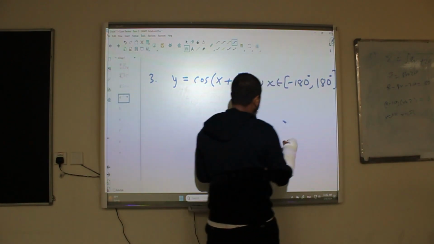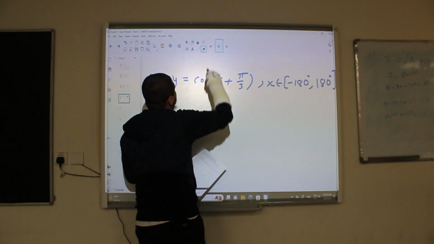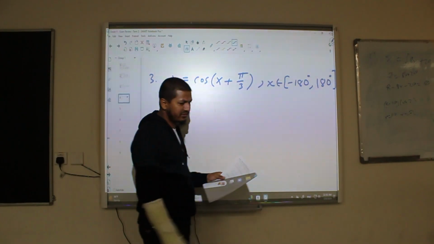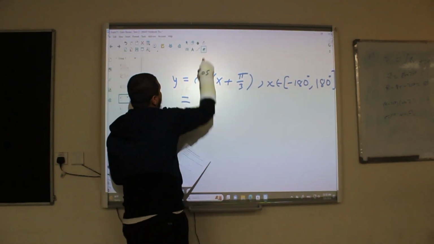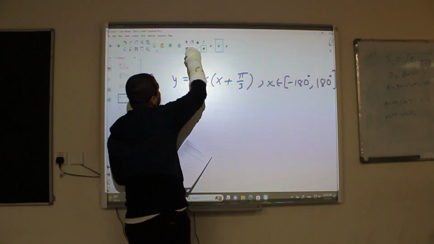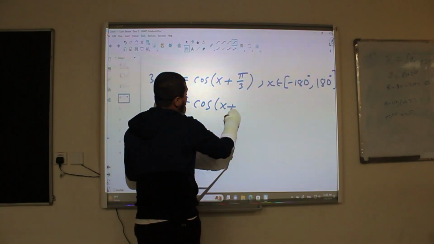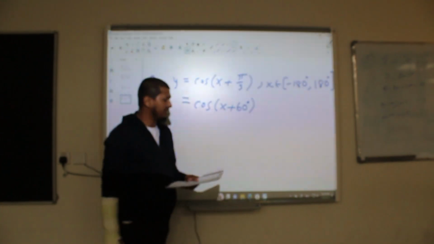We have a pi by 3 here, which is in radians, so we can convert it into degrees. We have cos of x plus 60 degrees, and we have the starting and ending values.